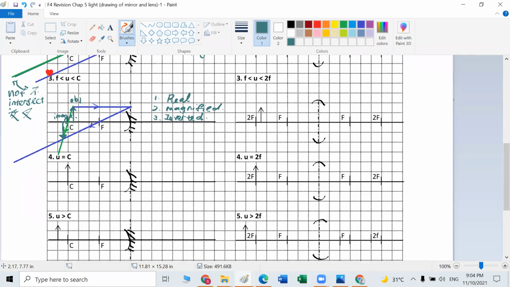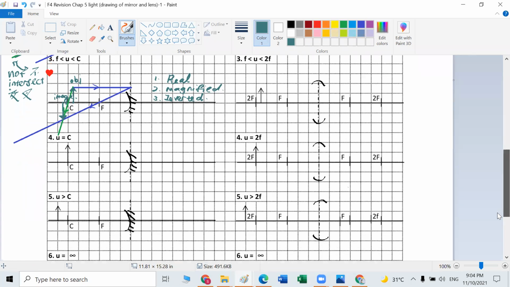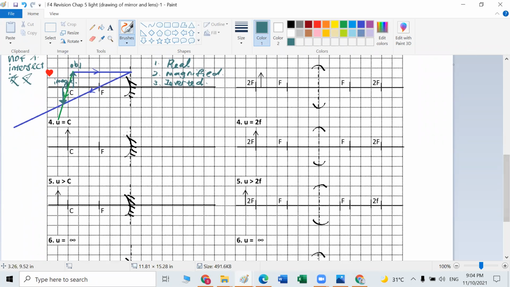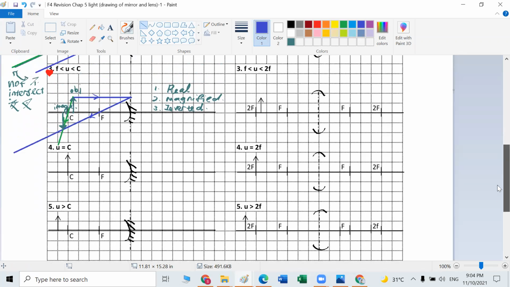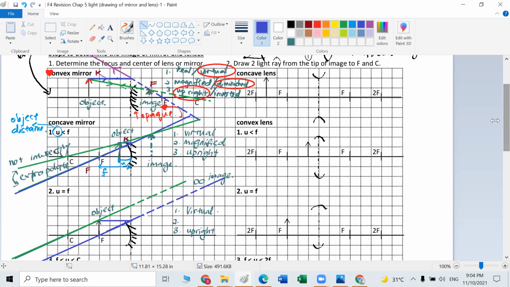Okay, so now, KFC, KFC. Then please draw yourself 4 and 5. KFC. I draw on my own, you draw on your own, then you check answer. But why the Form 4 textbook show the image form in front of the lens is virtual one? Yeah lah. Correct lah. I didn't say for lens, but I said for mirror only.